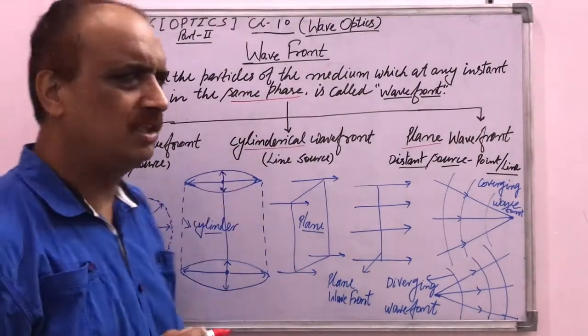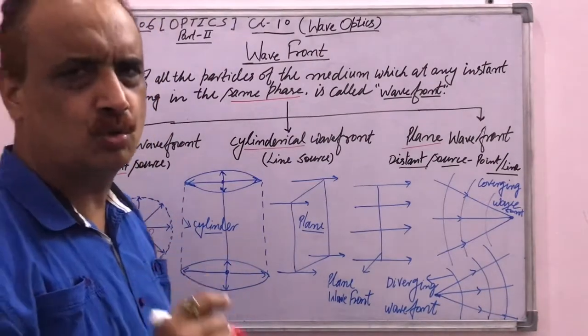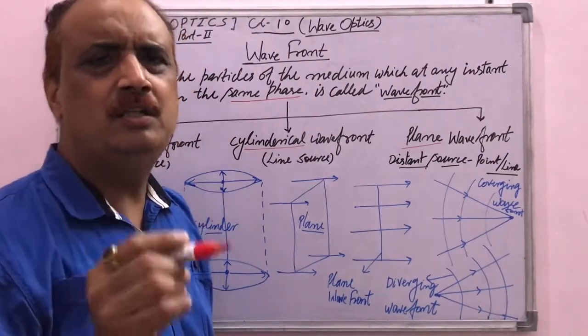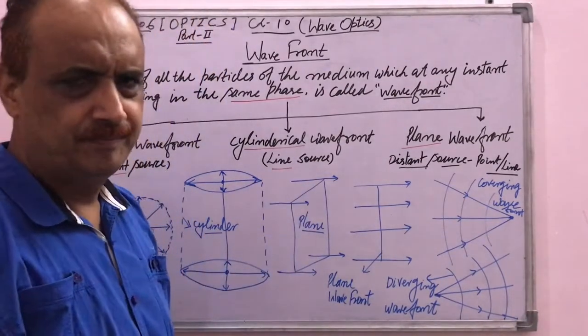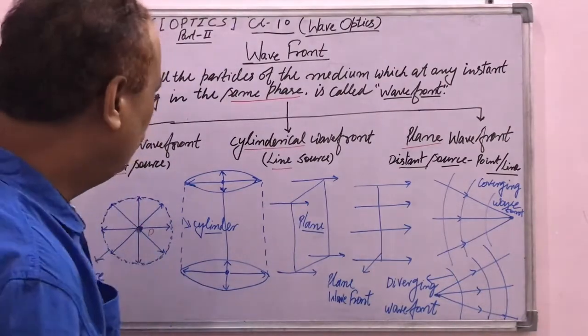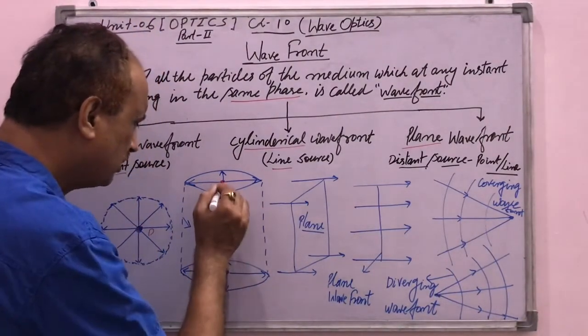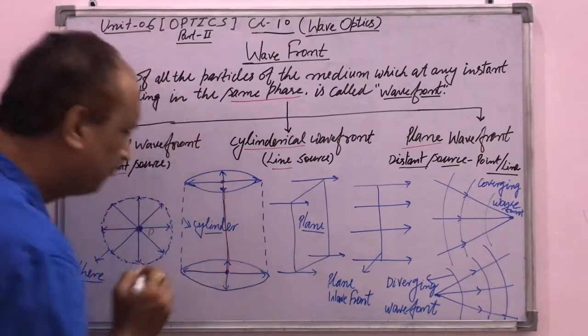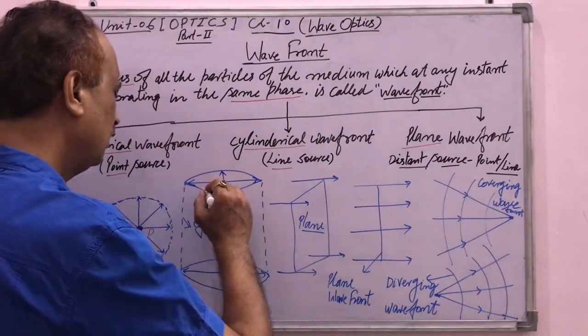Next is the cylindrical wavefront. Cylindrical wavefront is originated by the line source, or we can say a linear source. So it should be a line source. Now this is the line source from this point to this point, and disturbances are produced in all the possible directions like this.